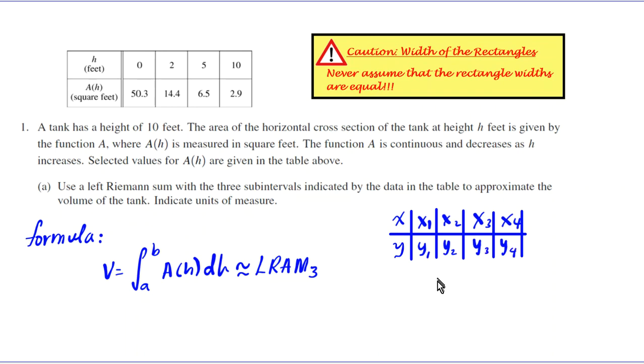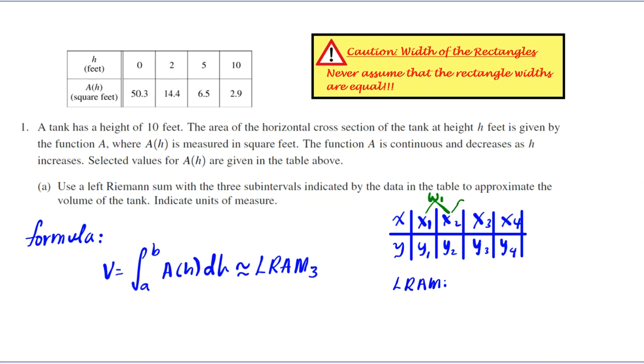So if you want to estimate the integral using the left Riemann sum, LRAM, you're going to take all the points to the left of the right endpoint. But before we do that, let's specify the base of our rectangles. It's simply going to be x1 to x2, that's the first width.